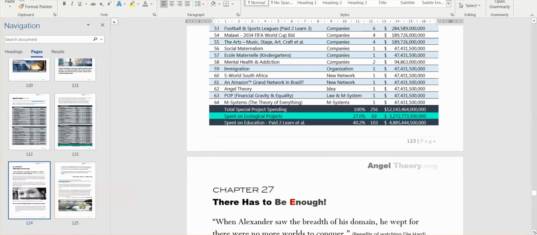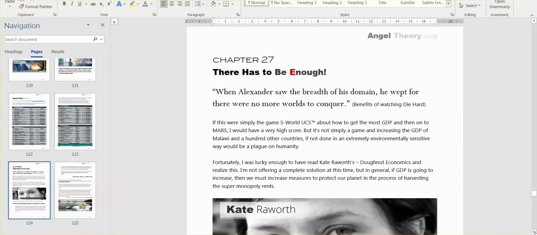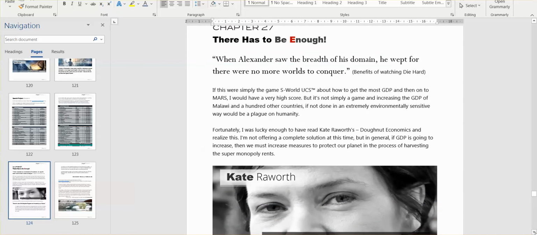And the last word is from Kate Raworth and Donella Meadows, and that is there has to be enough. So we really have to pay attention to making sure that when these houses are being built, and there's a lot of houses to be built, there's no impact.